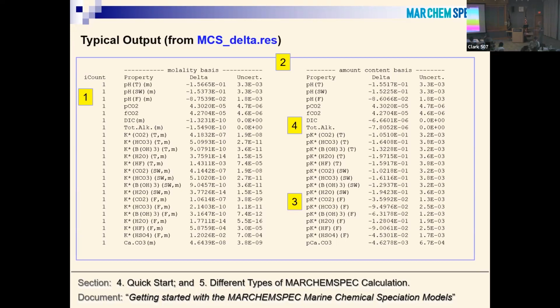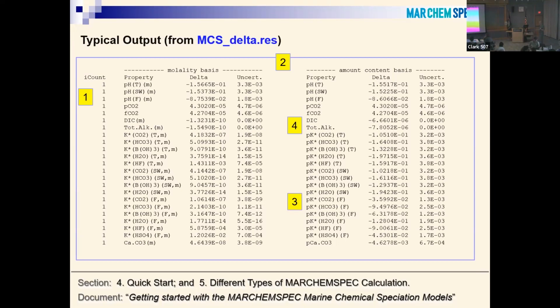And the answer is that in these, when changing the composition of these solutions, we were swapping out on a mole-for-mole basis one ion for another, or we were adding a small amount of extra salt. So on an amount content basis, we were changing the total mass of the solution that was present.